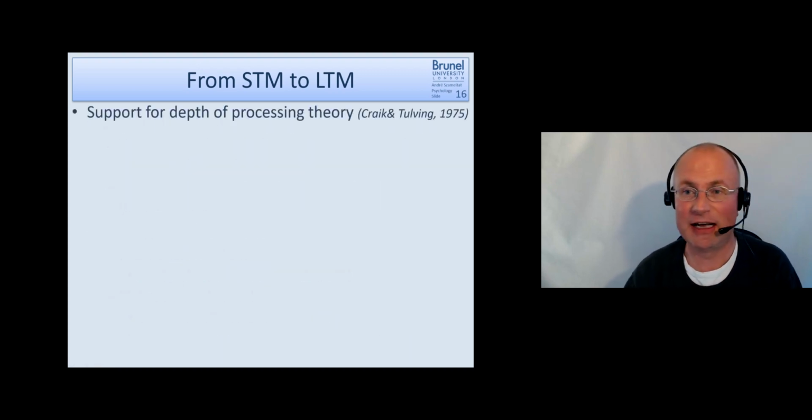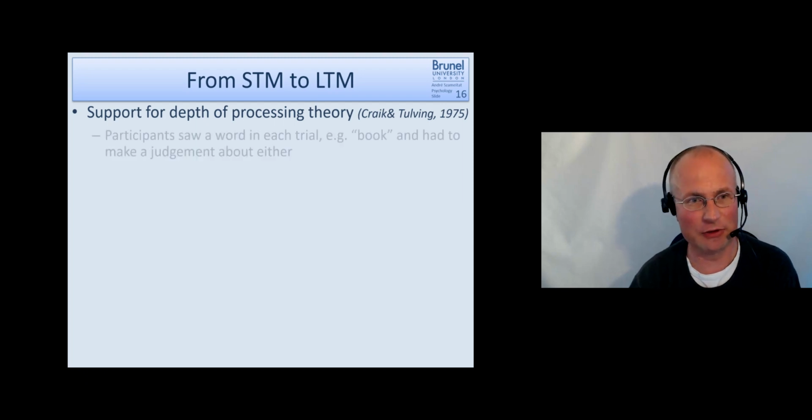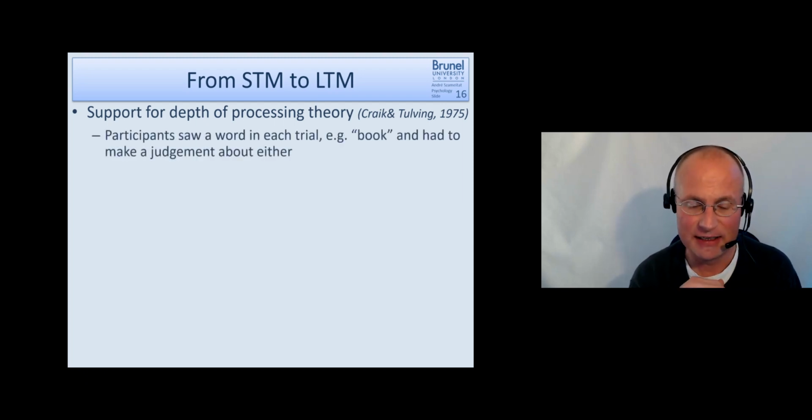Let's have a look at their empirical support for this theory. In this study, participants actually had to do other tasks, and not even a short-term memory task. In each trial, they saw a word, let's say for example book, and they had to make a judgment about that word.